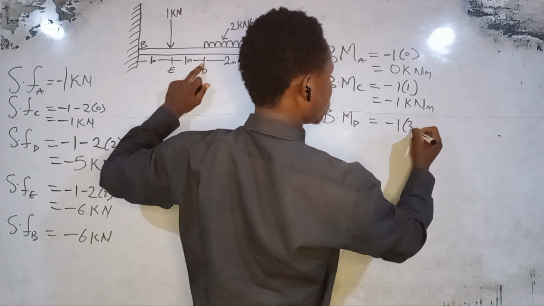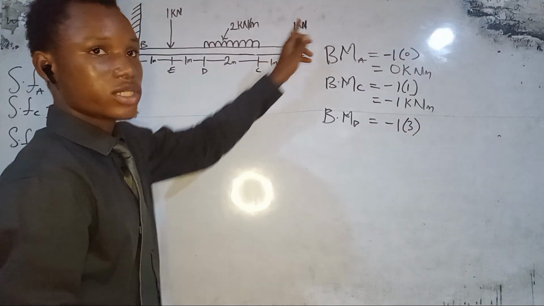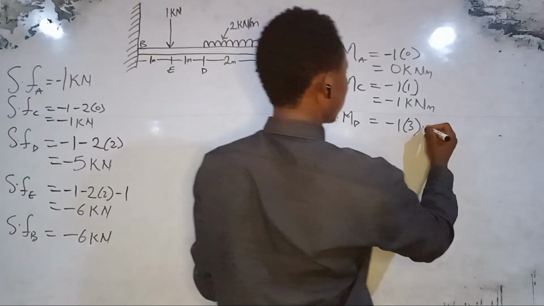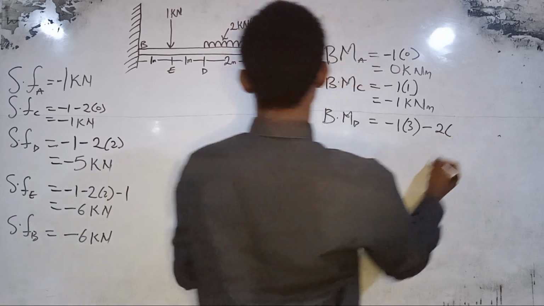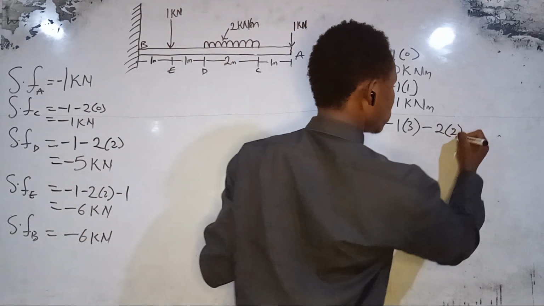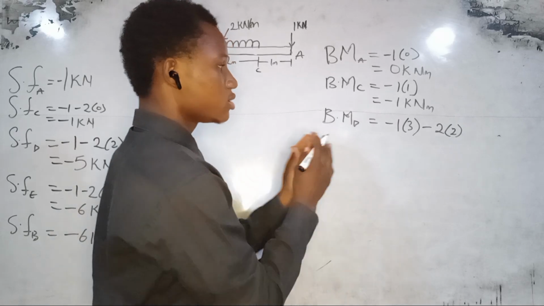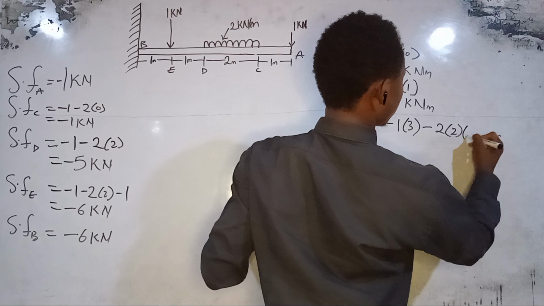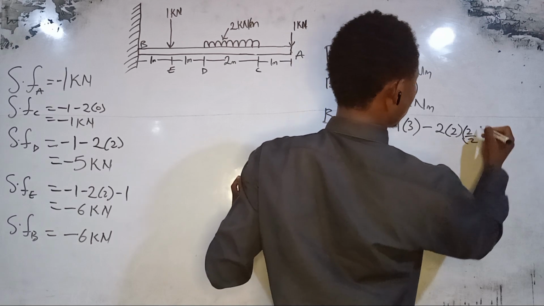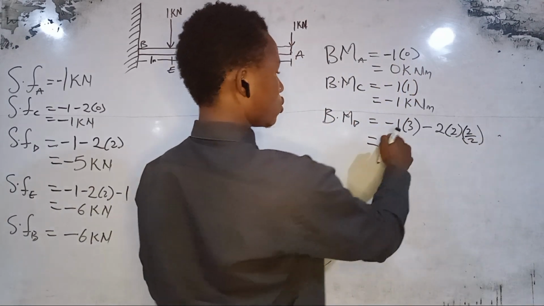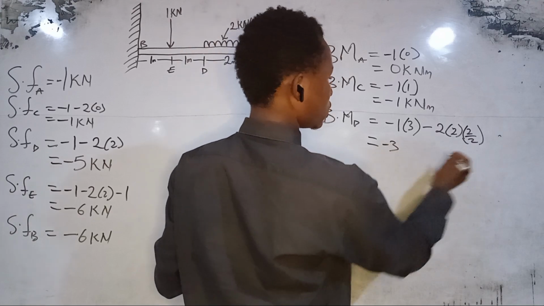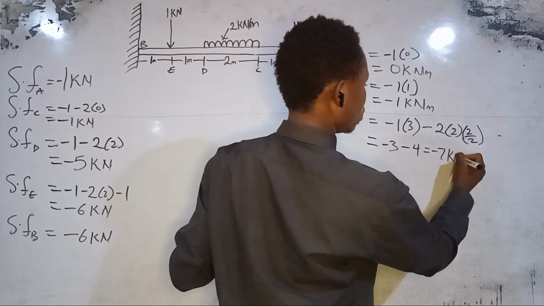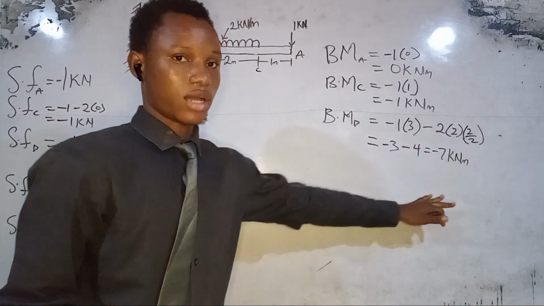So this 1 times 3, the load here times the distance from D. Then for this one we have minus 2 times 2, this is the shearing force, then the distance from the centroid, which is 2 divided by 2, which will give us minus 1 times 3, we have minus 3. Then this will give us minus 4, which is equal to minus 7 kilonewton meter.